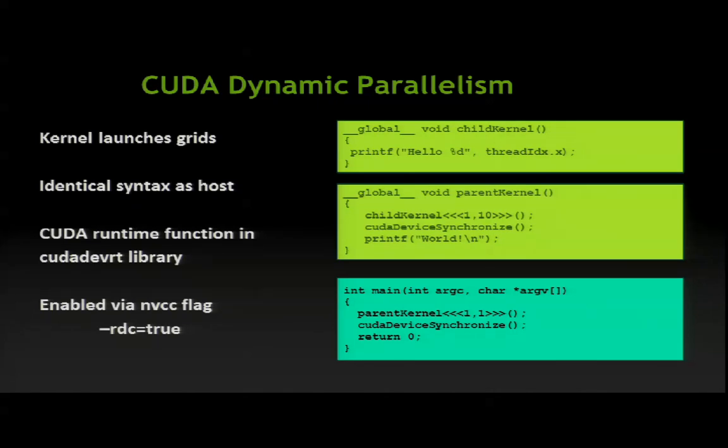Now the parent kernel is a typical kernel as you have it with the global modifier. But then inside this kernel, we have another kernel launch. This kernel launch now calls the child kernel, and the child kernel writes out some message. Here you can actually see a function call, in this case printf, from within a kernel.